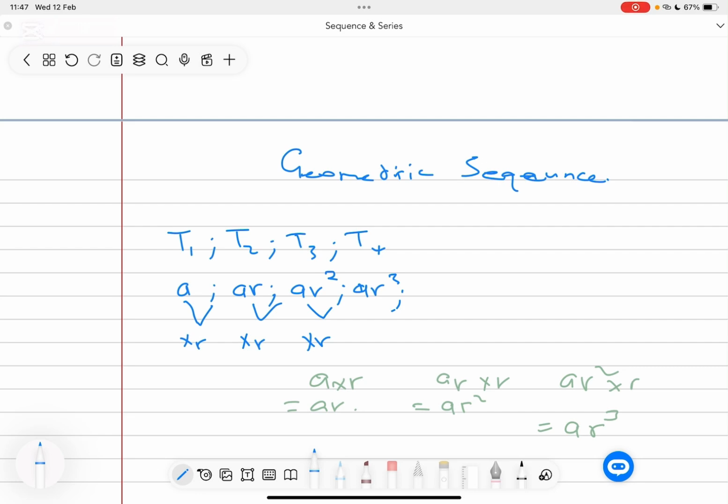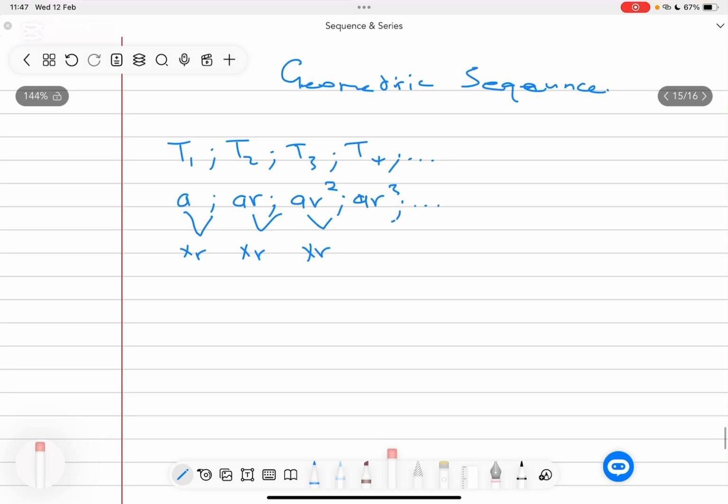Now this sequence can be increased in that same way by multiplying by R. We can continue doing the same pattern here to get term 5, term 6, and so on, by multiplying by the same number R. The fact that we're multiplying by R would mean that if I take term 2 and divide by term 1, I'm going to have here term 2, which is AR, and I'll divide by the A there.